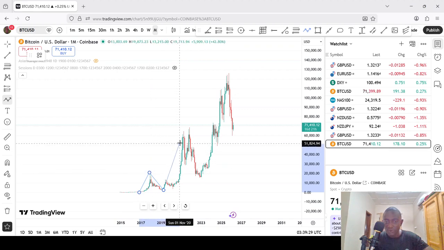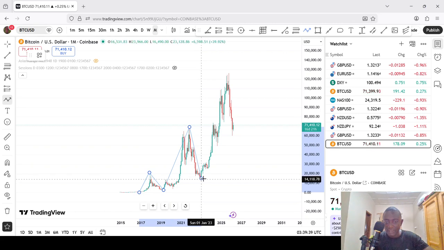Price went all the way to this particular place, then up to this point, then it took this point to break this zone. You understand? So here, price broke around this zone.